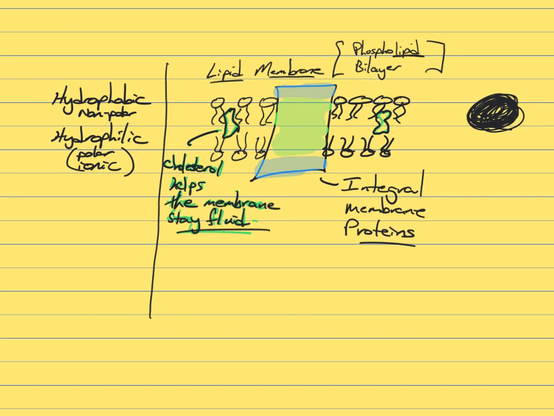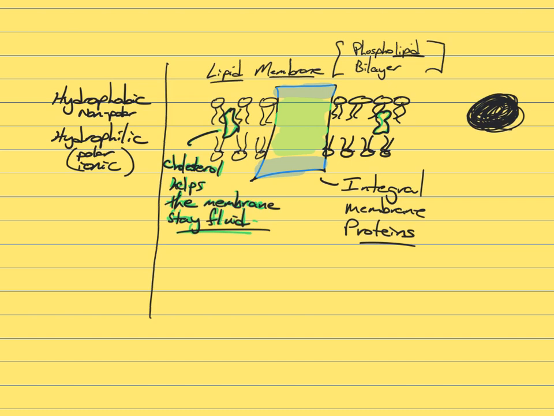All right, so cholesterol helps the membrane stay fluid. Now, why is this important? Because as it gets cold outside, you don't want your cells to freeze and break. Think about a fish swimming in the North Atlantic, very, very cold water. You don't need your cells freezing and breaking apart.